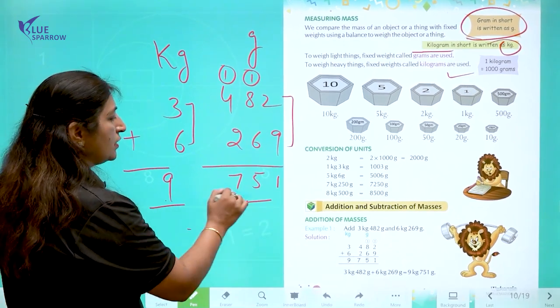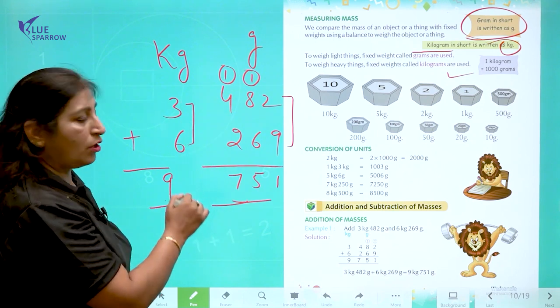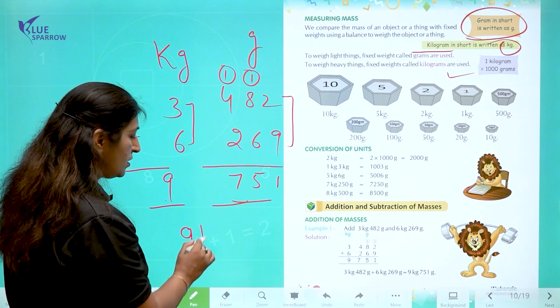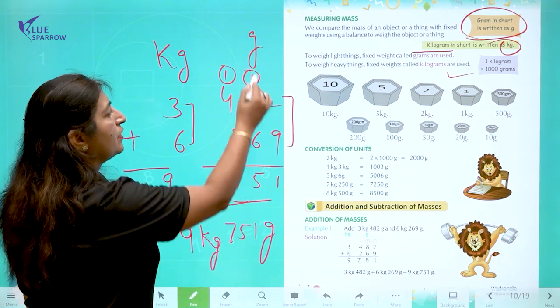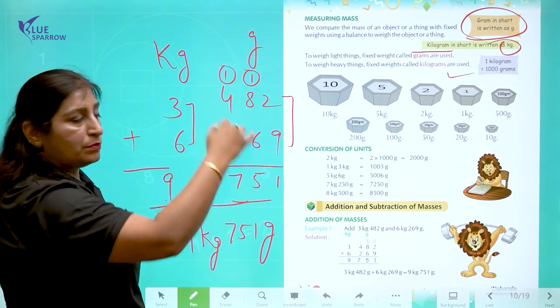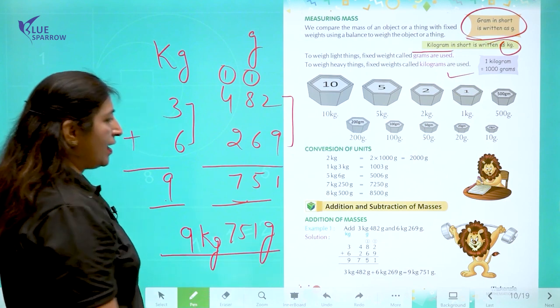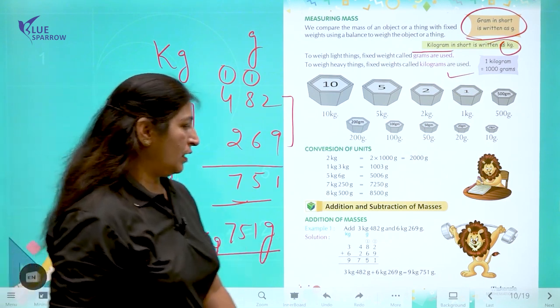You get 9751. You know that 9 is written under kilogram column. So your answer would be written as 9 kilograms 751 grams, as 751 was the sum of given masses in gram column.